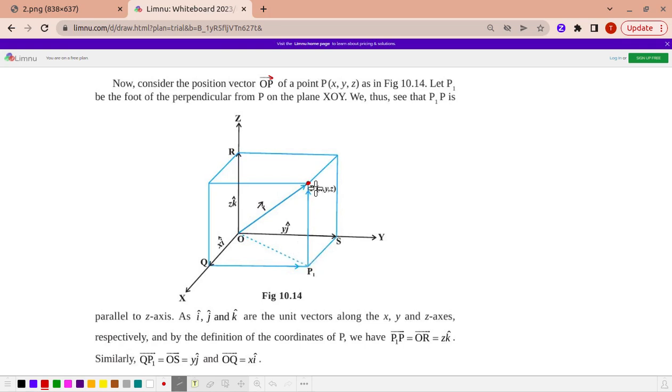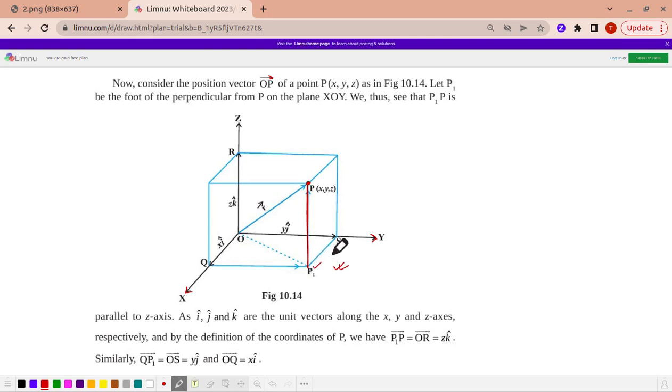You see, this is the x-axis, this is the y-axis, so definitely this plane is the XOY plane, and from the point P we draw a perpendicular to the XOY plane, and this foot of the perpendicular we define as P1.